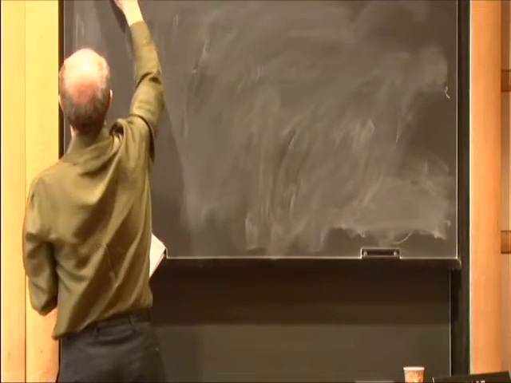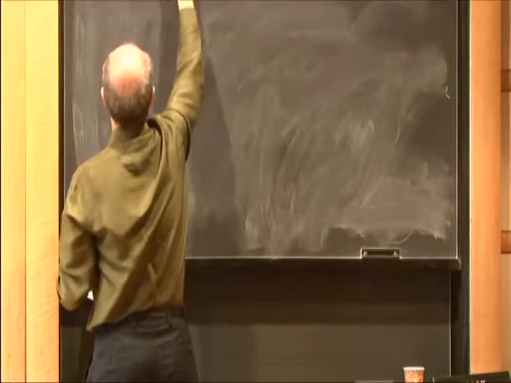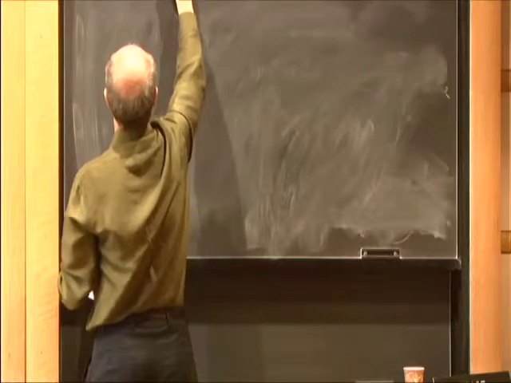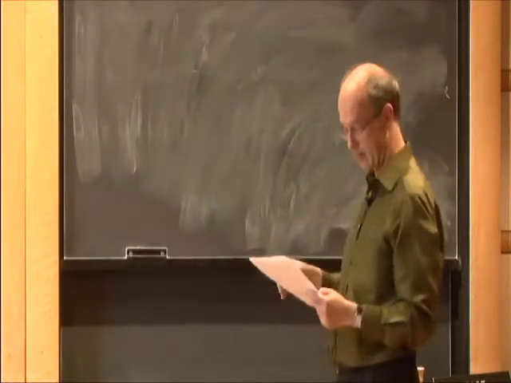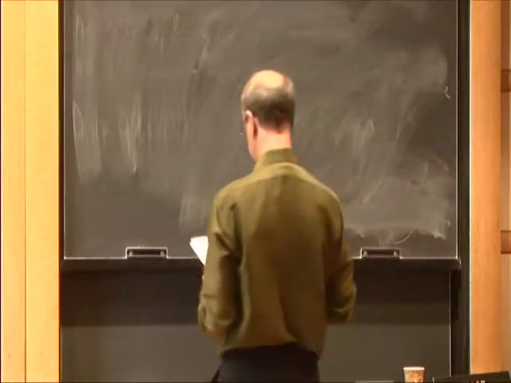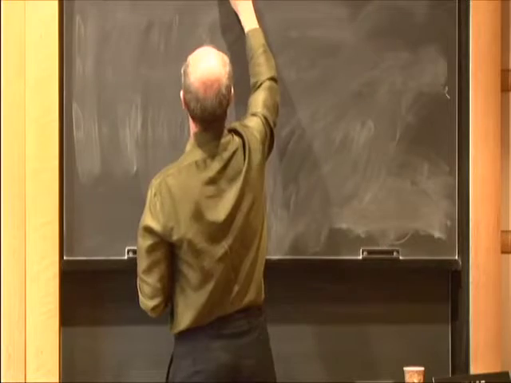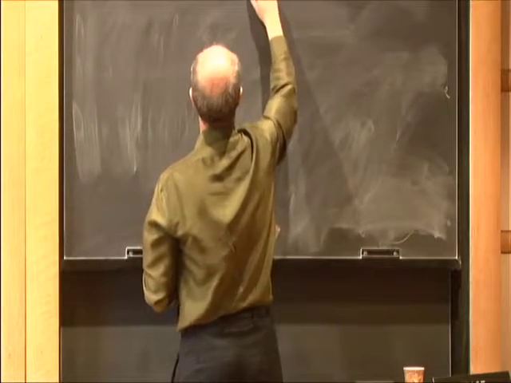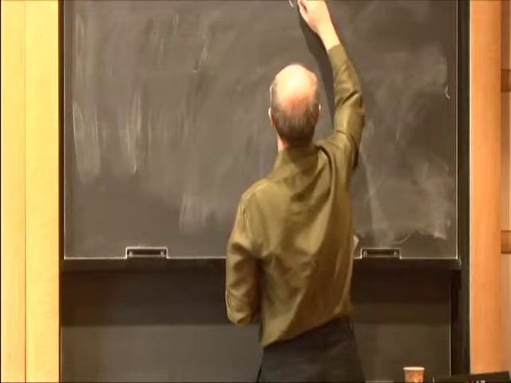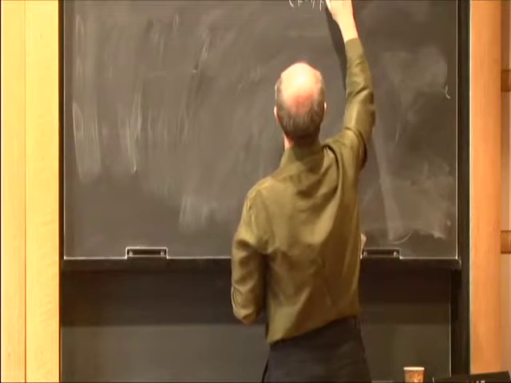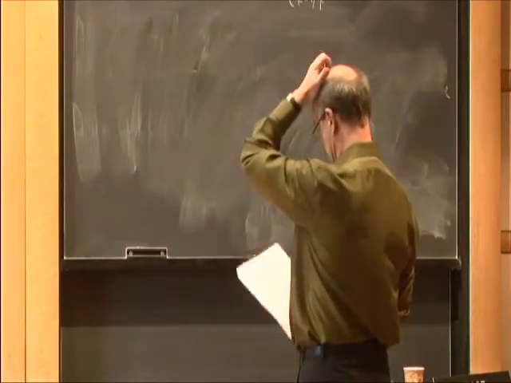So zeta n is going to be a p to the nth root of unity. So it's a compatible system. So it's e to the 2 pi i over p to the n. So r n is, as usual, the p-adic valuation of zeta n minus 1, which is nothing else than 1 over p minus 1 times p to the n minus 1. What do I need?